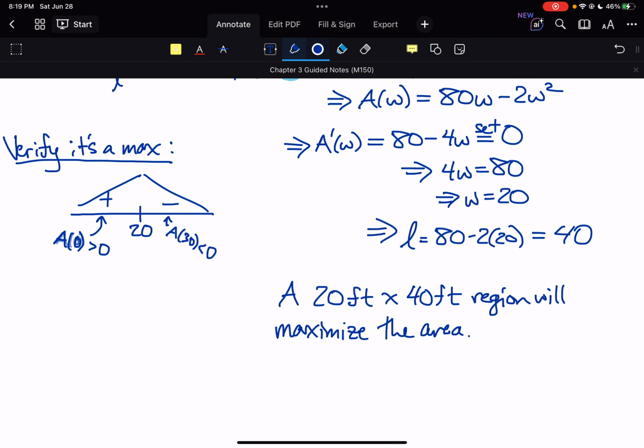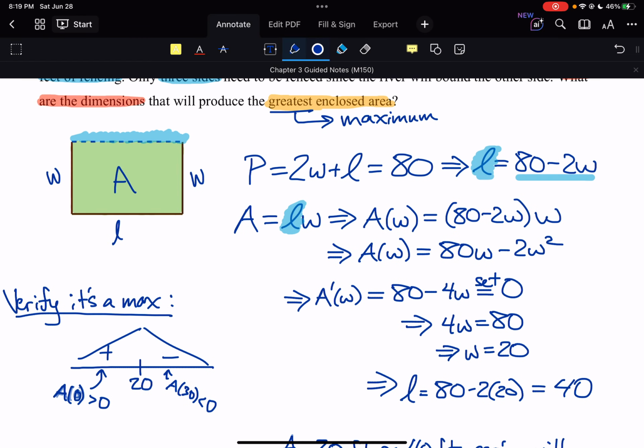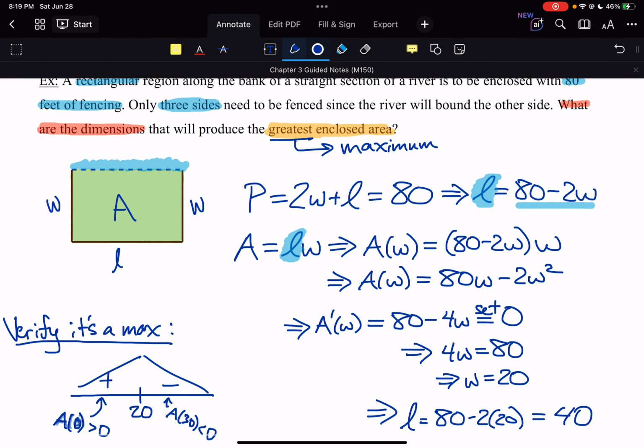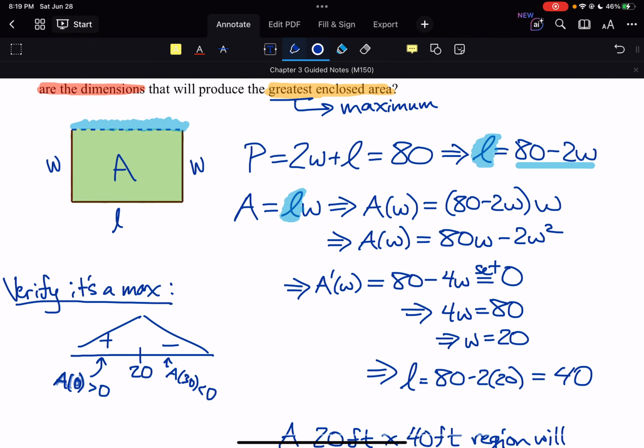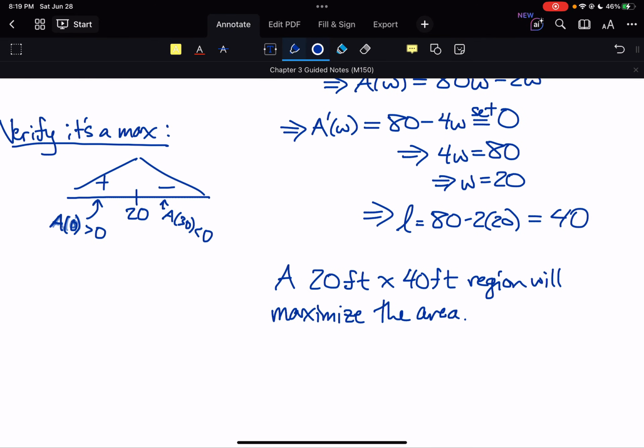Now you have to be very careful when answering these types of questions to always make sure you actually answered what the question asked for. In this case, it asked what are the dimensions. So that's good. You can get cases like, for example, if this had asked what is the maximum area, then we would just need to do an extra bit of work here.